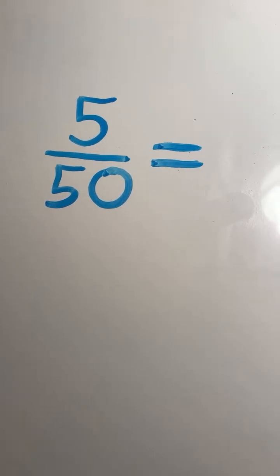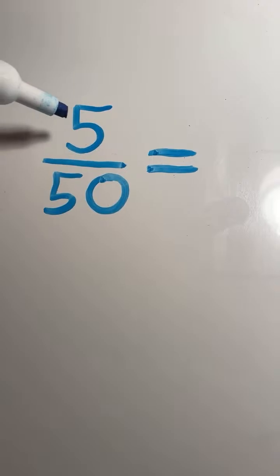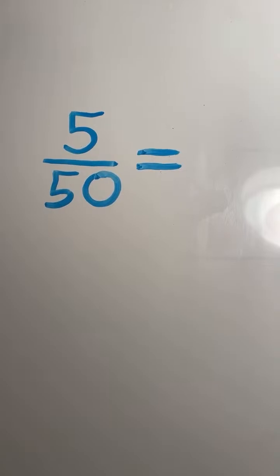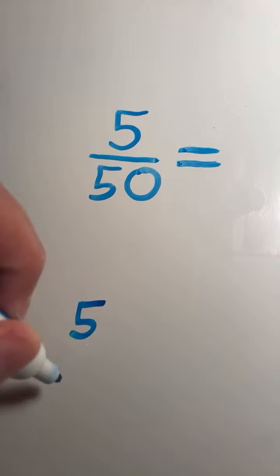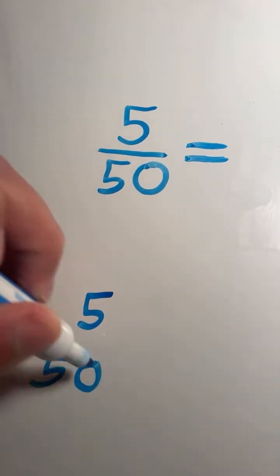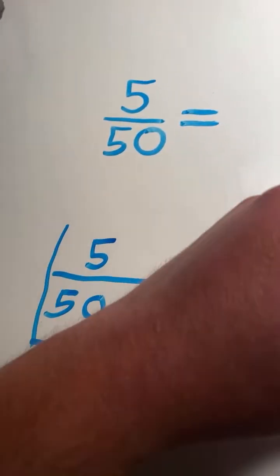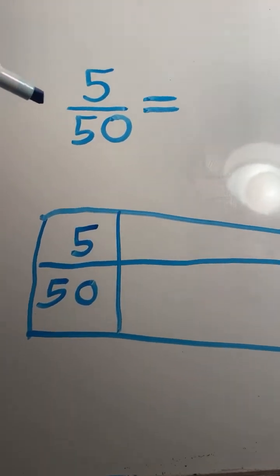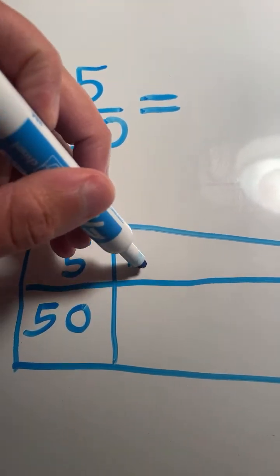So I would say one of the quickest, most efficient ways to reduce fractions is to divide both the numerator and the denominator by the greatest common factor. So I'm going to start writing the factors of 5 and factors of 50. The factors of 5, there's not very many of them, only 1 and 5.